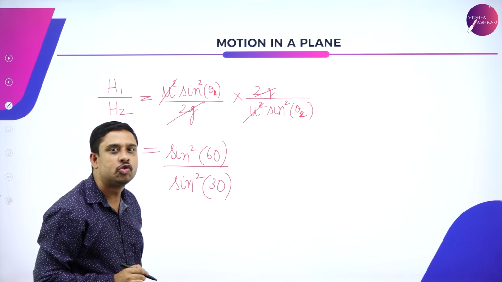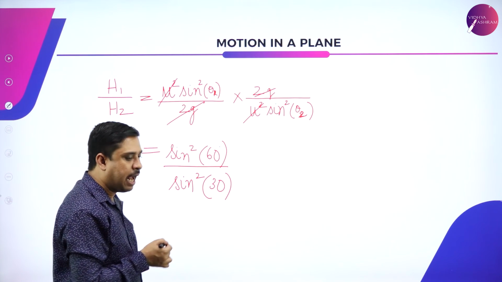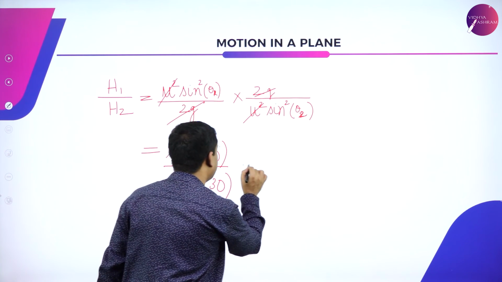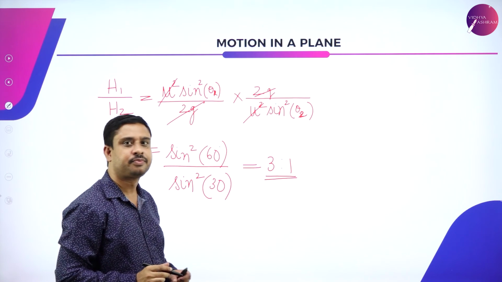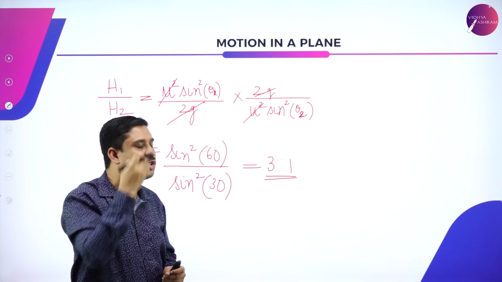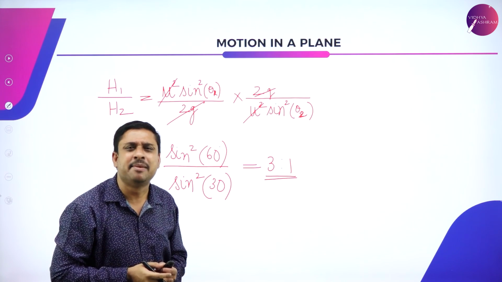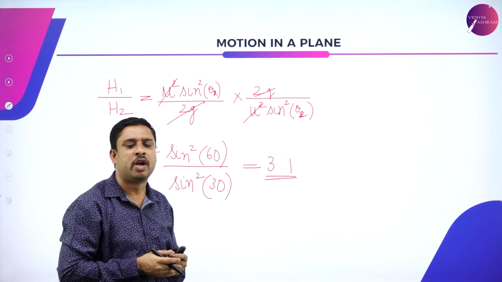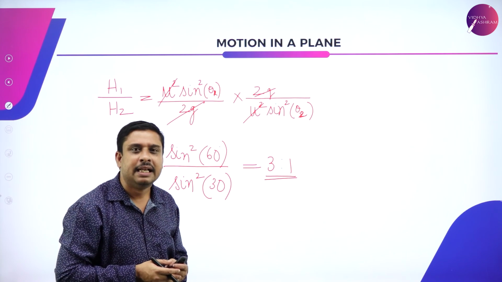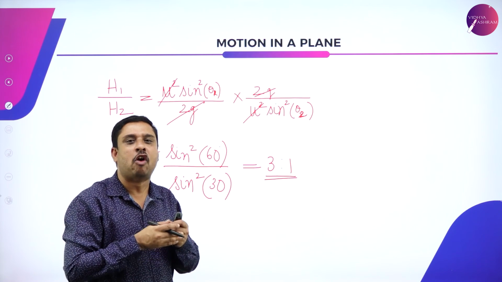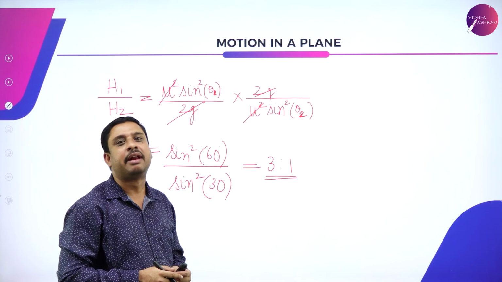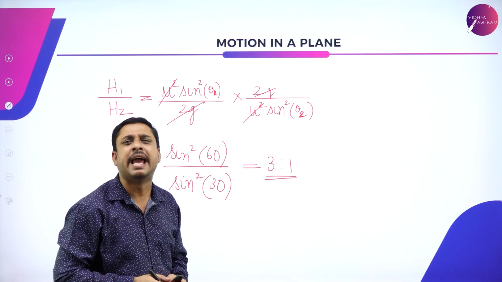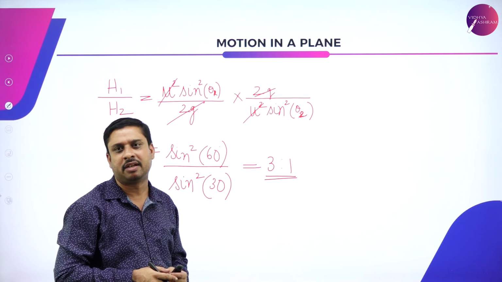Directly you can use your tables and you will see the ratio will be of the form 3:1. So very clearly, students, using simple expression, as I told, if you know the expression for maximum height, time of flight and range, you can solve any problem in this chapter.